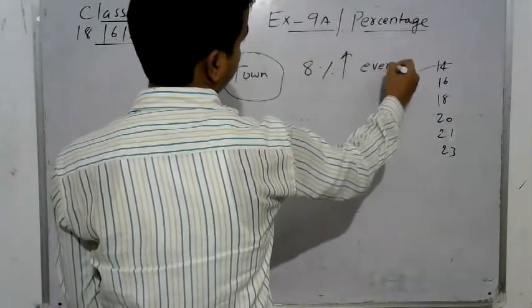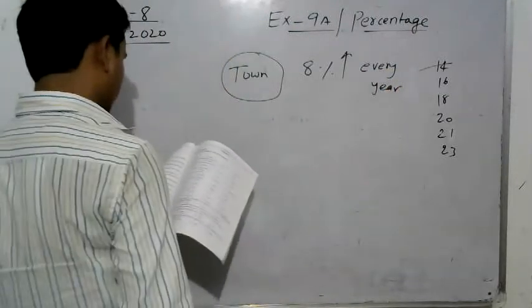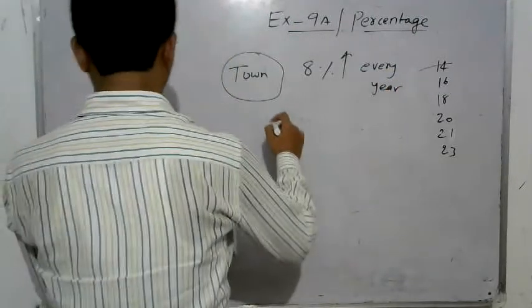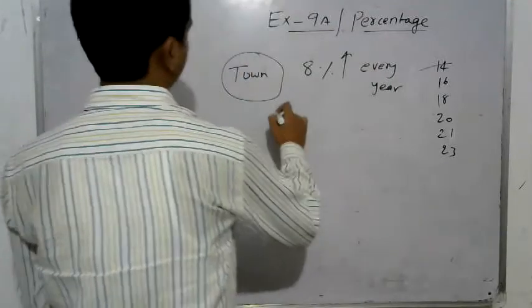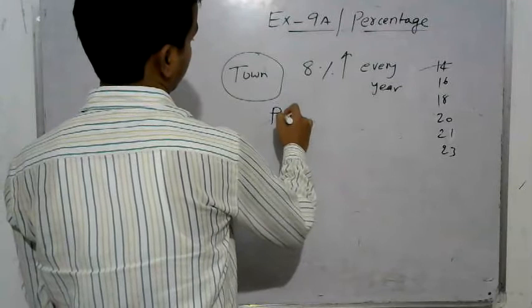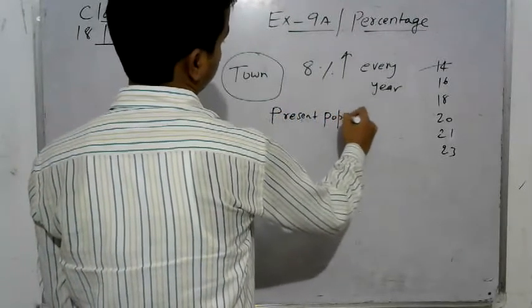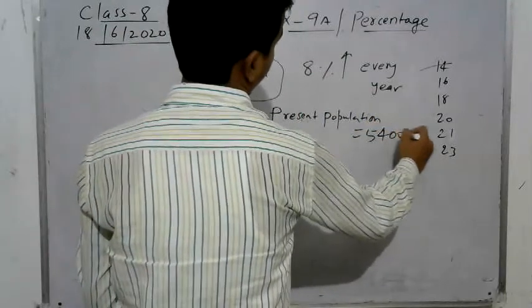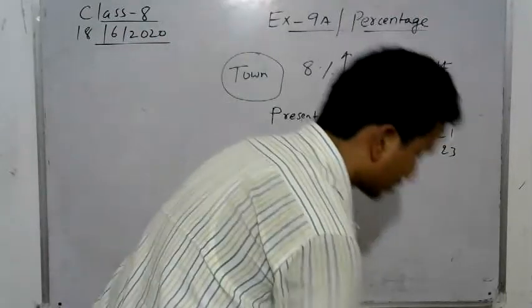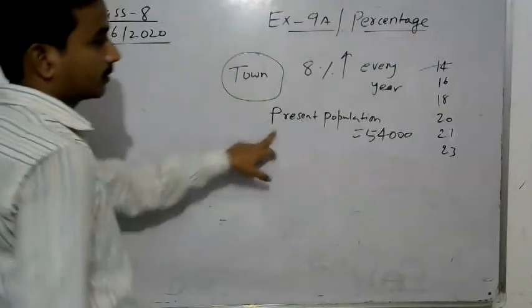Annually means every year. If the present population is 54,000, what was its population a year back?